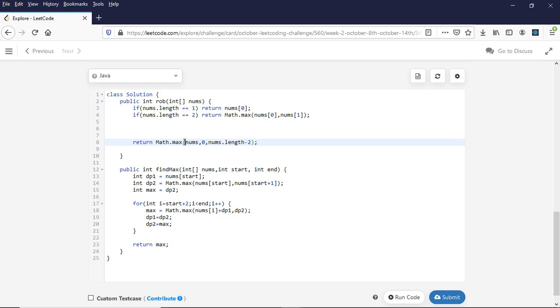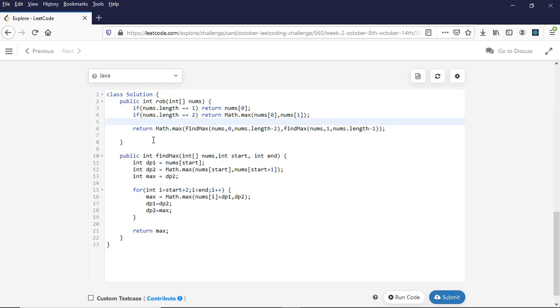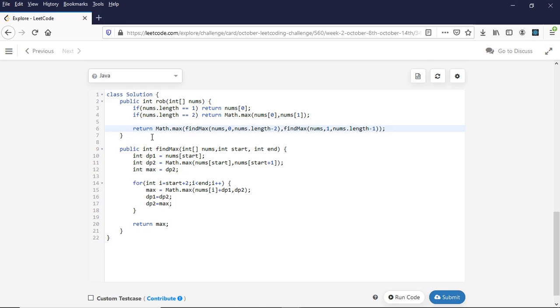Math dot max of here it will be find max, this comma again find max, but this time it will start with 1 and it will go up to nums dot length minus 1. So, that is the only change that we have to do in our previous solution, and the rest of the things will be same. So, let us run this code.